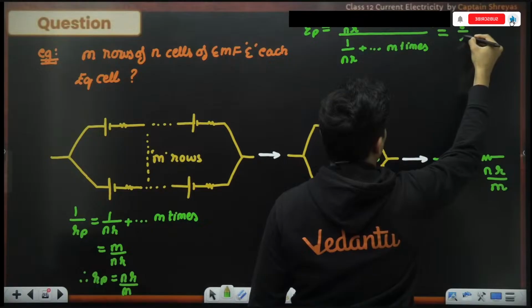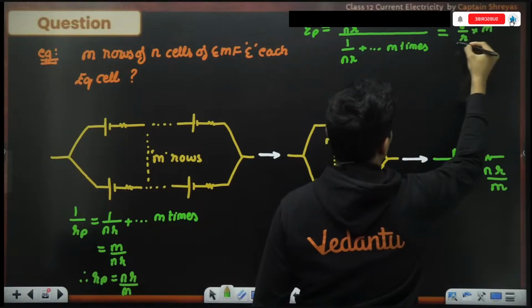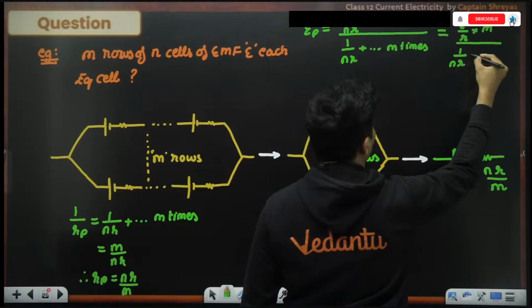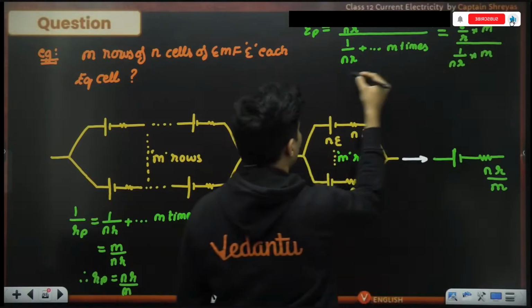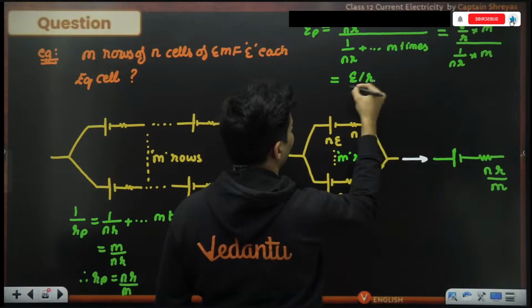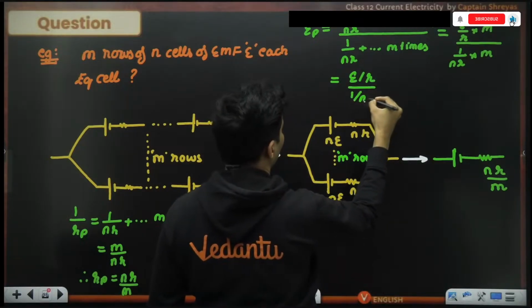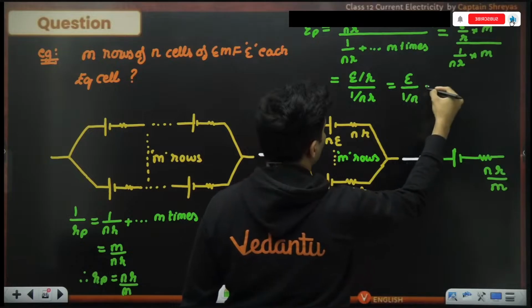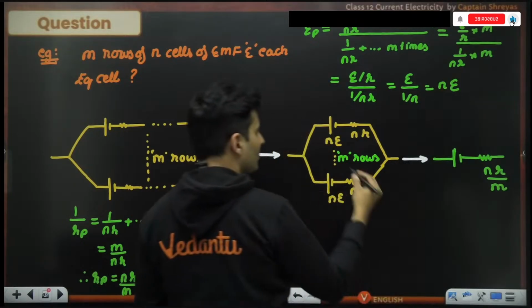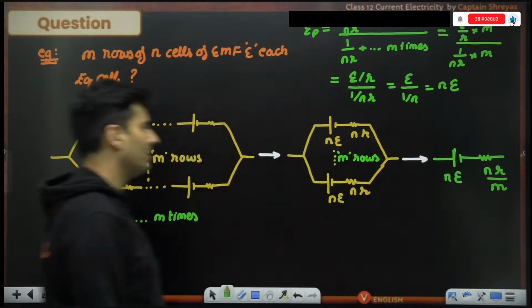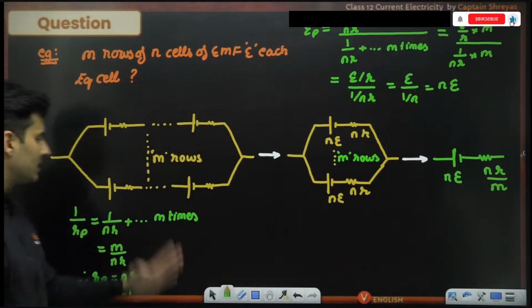It will be E by r multiplied by m, whole thing divided by 1 by nr multiplied by m. m cancels, do you notice? So this was nothing but E divided by r, and this was nothing but 1 divided by nr. r cancels, so this will be E divided by 1 by n, so it will just be n times of E. This will be nE. Perfect. Now it is okay. Yeah, this is the right answer.